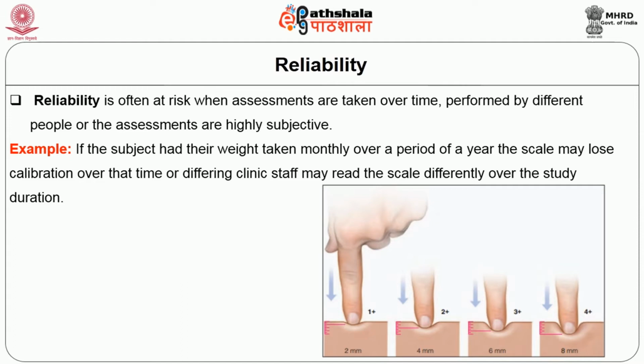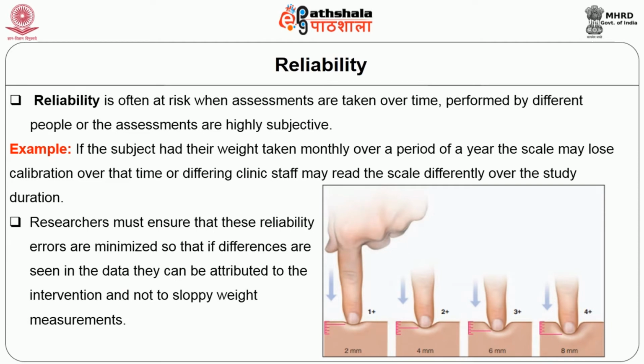Often, physical assessment techniques such as level of edema in a patient are unreliable as they are highly subjective, in the eye of the beholder. Researchers must ensure that these reliability errors are minimized so that if differences are seen in the data, they can be attributed to the intervention and not to sloppy weight measurements.